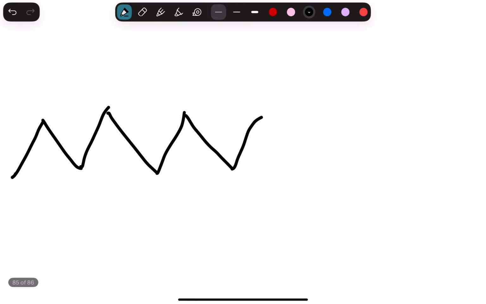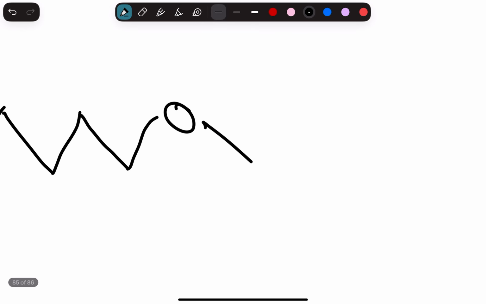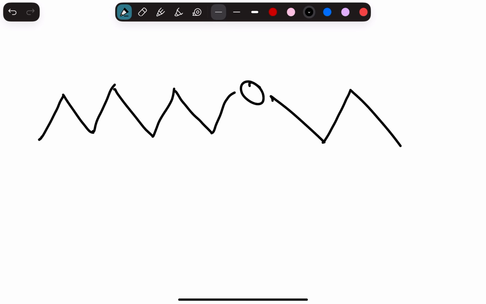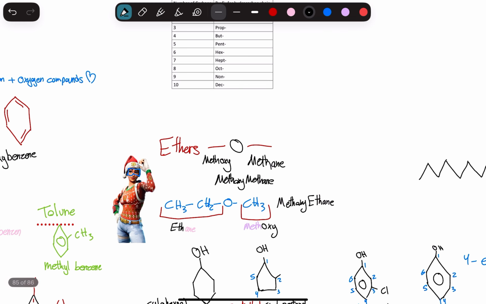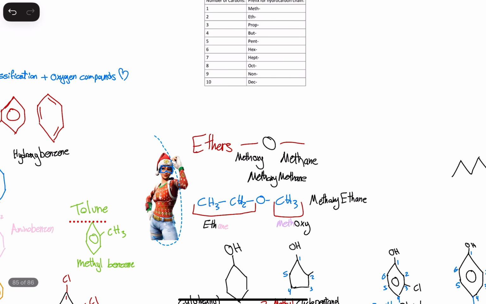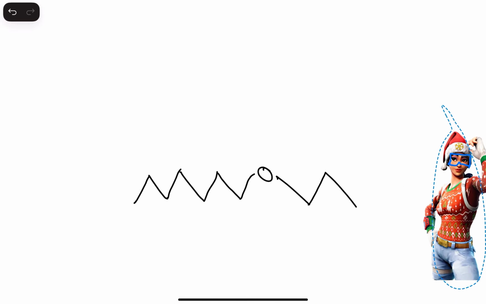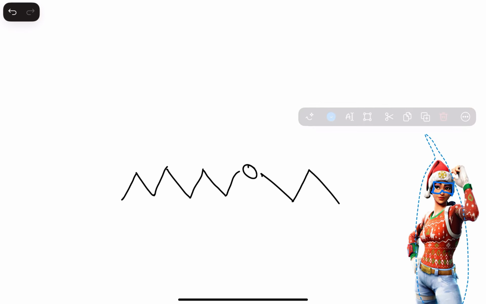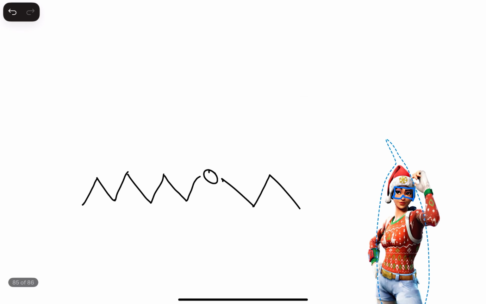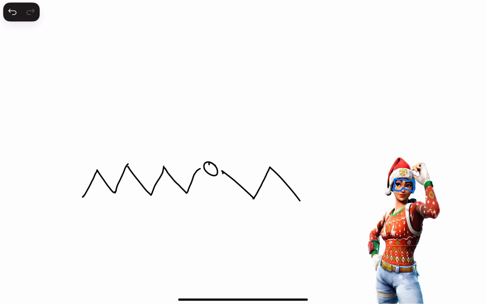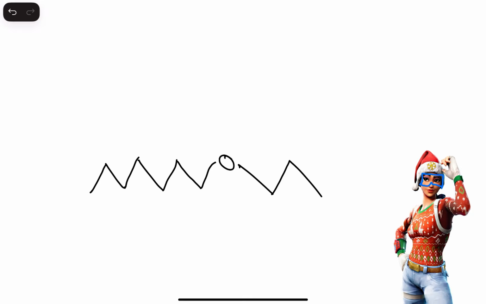And then we have oxygen. Something like this. What is this called? So let's bring knockoffs. Perfect. Yep. So, what would this be called?